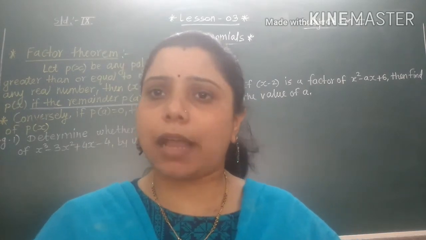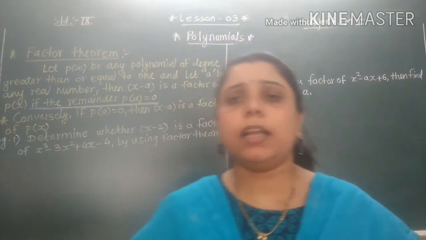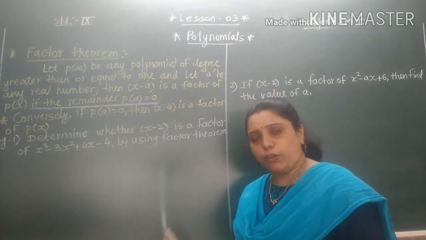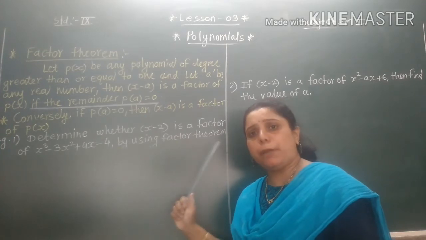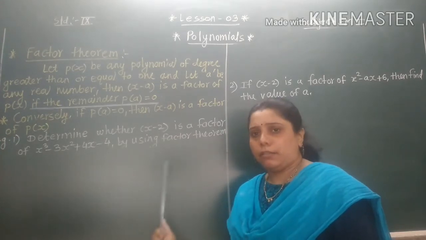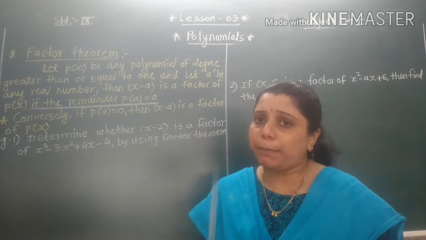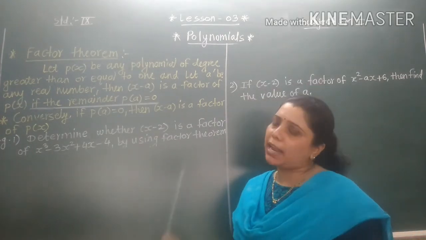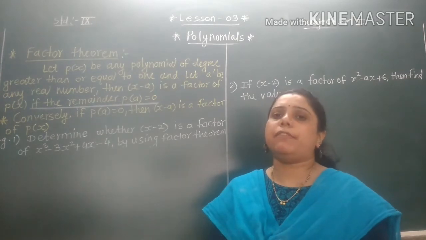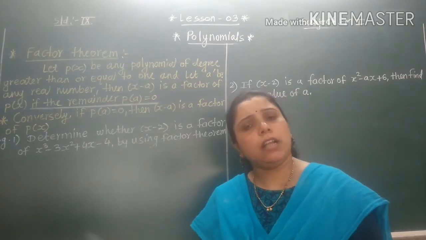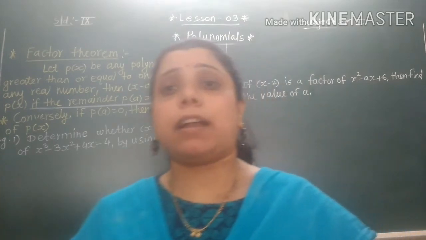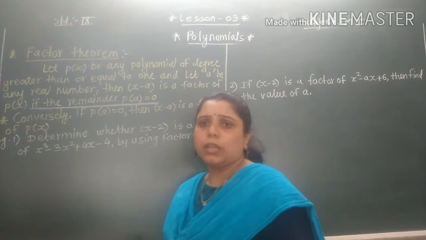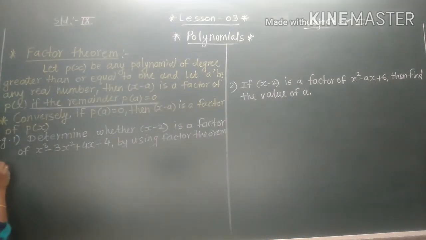The only difference is that if the value of the polynomial for that variable is 0, then you can directly say that the respective divisor is a factor of the given polynomial by the factor theorem. Understood?